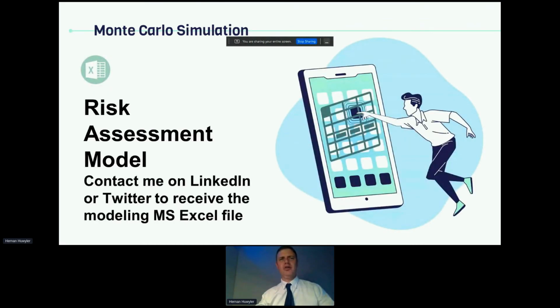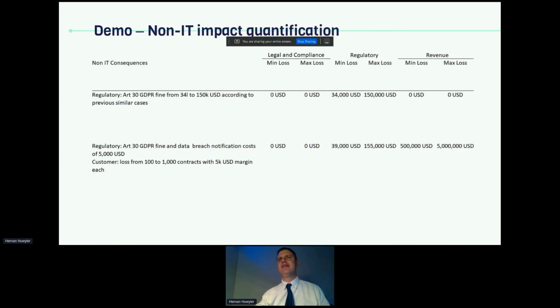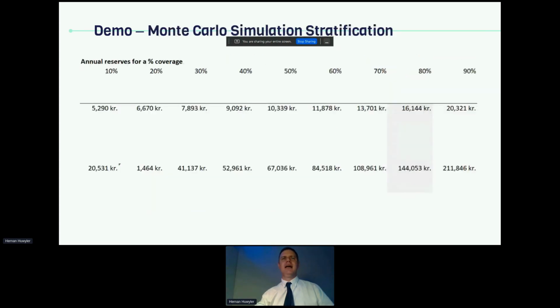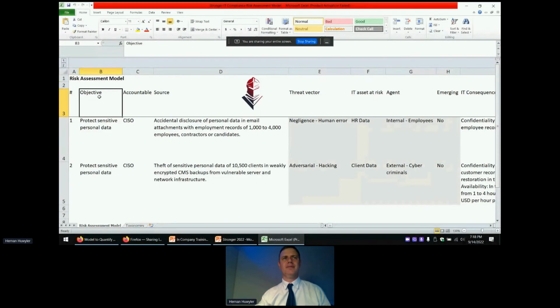Let me show you one example with 2 cases in Excel, and then you can contact me on LinkedIn or Twitter if you want more guidance or the full template for this approach. You have the slides here also, but let me show you a live presentation of the model.